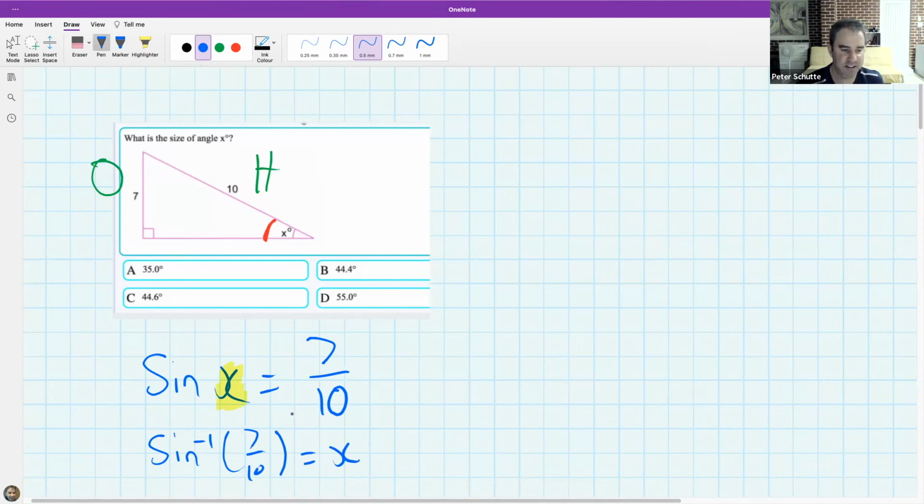And what that's saying to the calculator is, I'm giving you the ratio of 2 sides. Please give me back an angle. And what you should get is 44.4, which will be option B. Now, what I want to point out is the subtle difference.